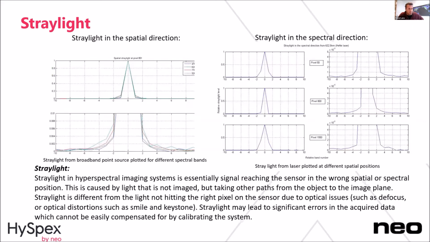Then it's stray light. Stray light is basically light that hits the detector where it shouldn't hit the detector, right? So you have many different sources of stray light. You can have reflections off mechanical surfaces. If you make an instrument in the shortwave range, anodized aluminium is a mirror in the shortwave range. So you can get a lot of stray light if you are not using proper coatings on your mechanical surfaces.